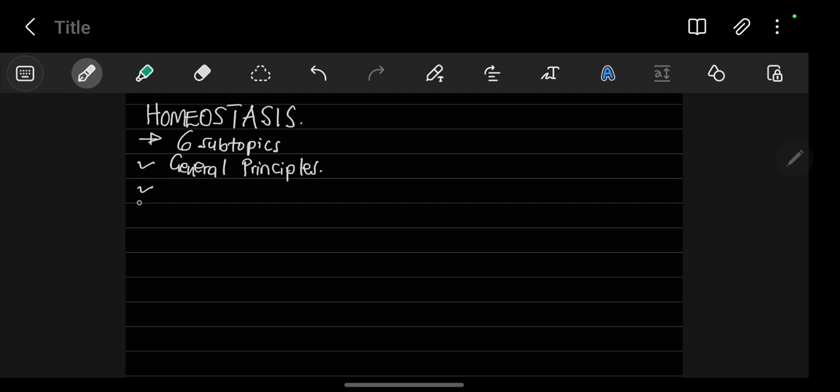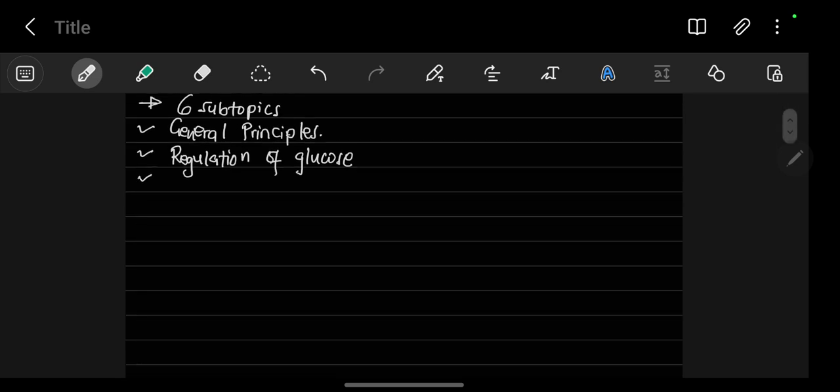Then the second one is regulation of glucose. Then the third one is regulation of respiratory gases.